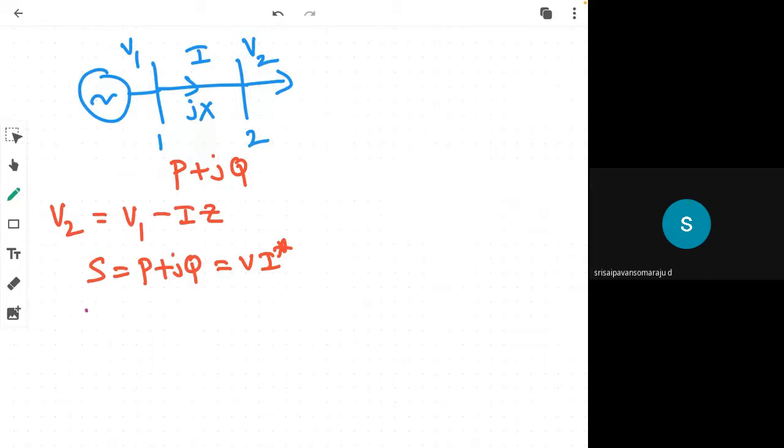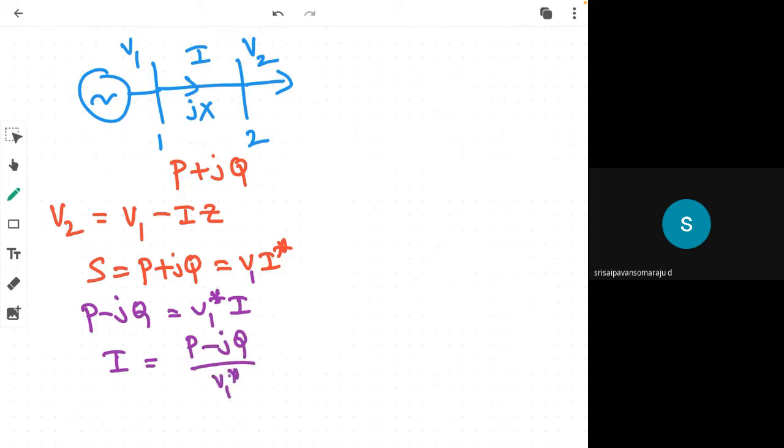And P minus JQ is equal to V1 conjugate I. Therefore, I is equal to P minus JQ over V1 conjugate.